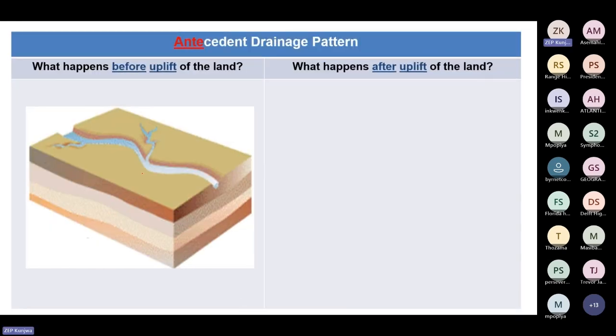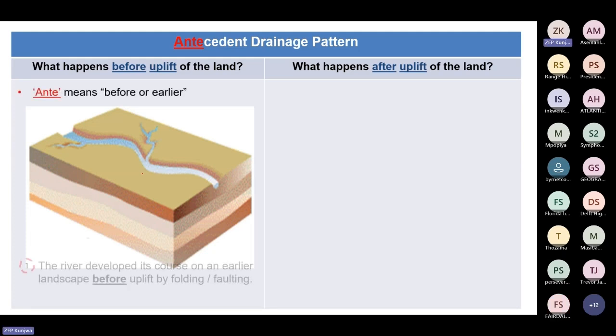Okay, then let us look at the antecedent drainage pattern. That means what happens before the uplift and what happens after the uplift. The word ante means before or earlier. That is before the uplift.